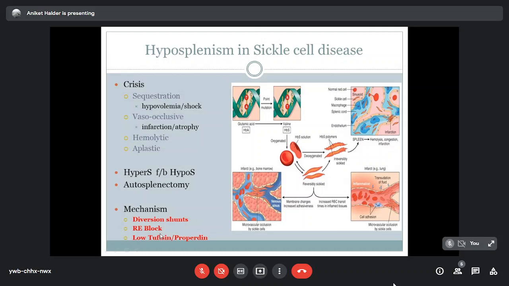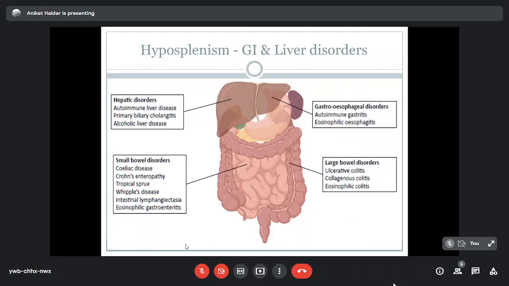These macrophages will engulf more and more sickle cells, and ultimately will be saturated with sickle cells, and there will be features of hyposplenism, with decreased splenic function and decreased production of tuftsin and properdin by the spleen, which can lead to different infections in sickle cell disease. So these are the mechanisms of hyposplenism in sickle cell disease.